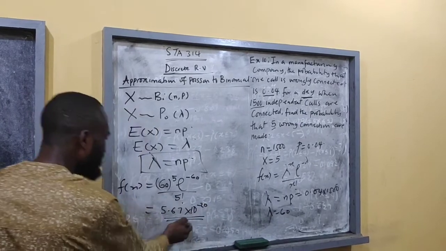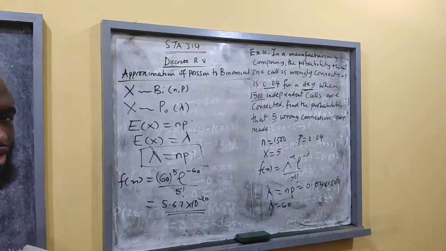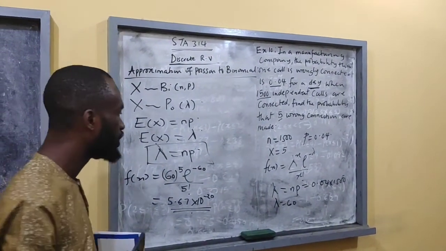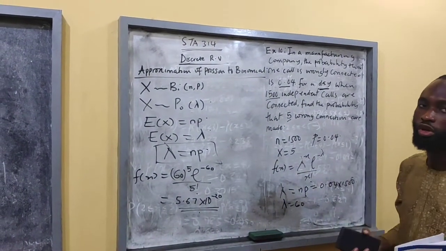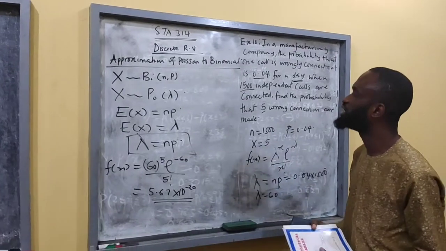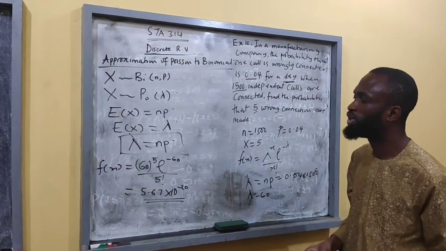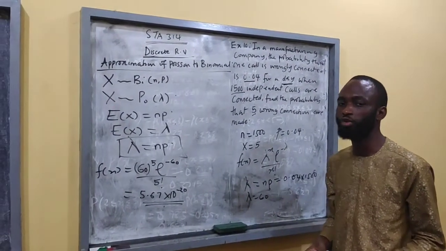It's a very, very small value, insignificant, of the approximation. This is where we are going to draw the curtain for discrete random variables. Please try as much as possible to look at it very well.